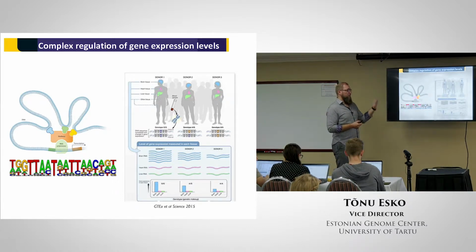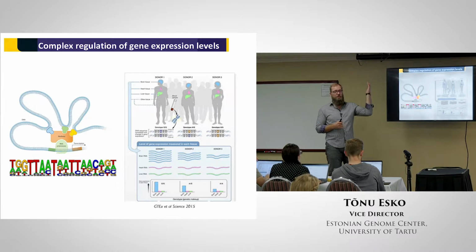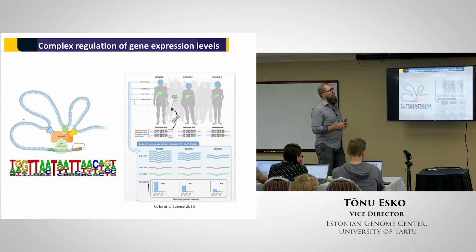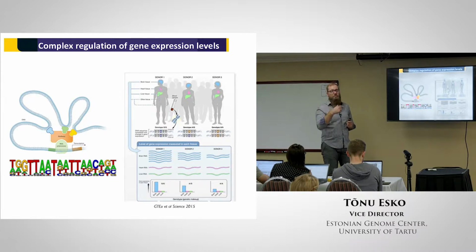But they can, in general, also look at the gene expression levels in different tissues. So something is highly expressed in brain, and something is highly expressed in liver. And usually if a gene is highly expressed in brain, and you're looking into phenotypes related to brain, then probably this is the causal gene.